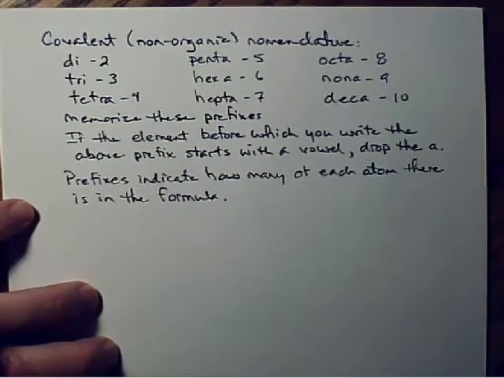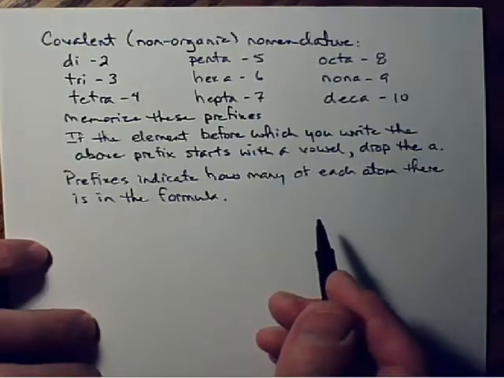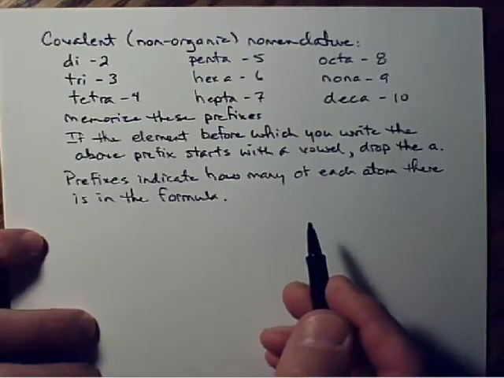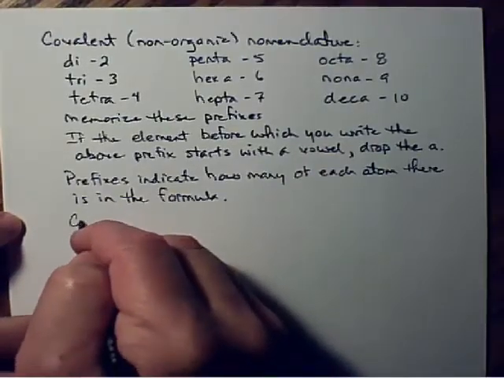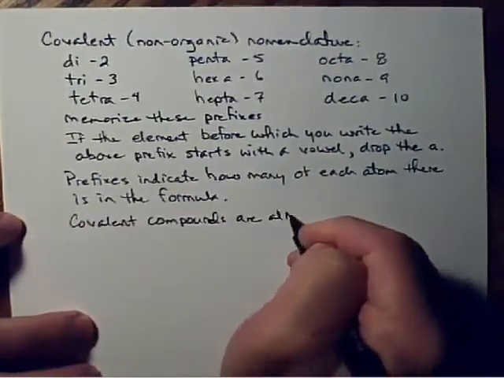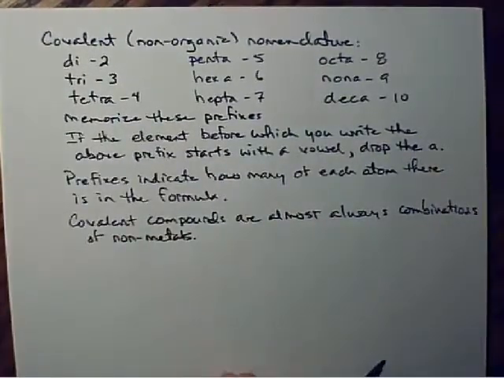Now, in previous classes, you learned sort of a simple rule for identifying covalent compounds. The simple rule is, and there are always exceptions, okay, but the simple rule is covalent compounds will be combinations of nonmetals. So this identifying metals and nonmetals is a review from our Unit 2.